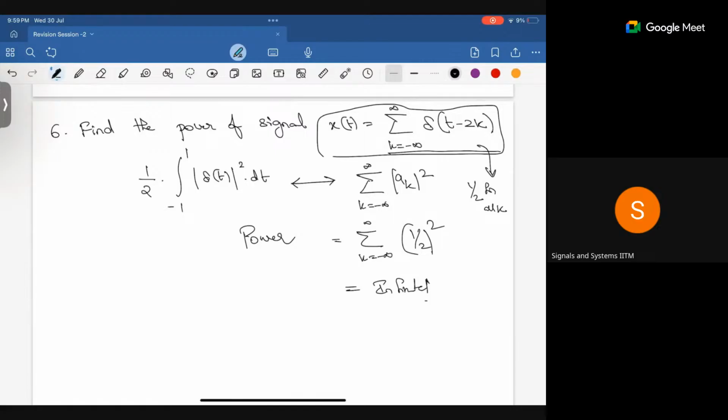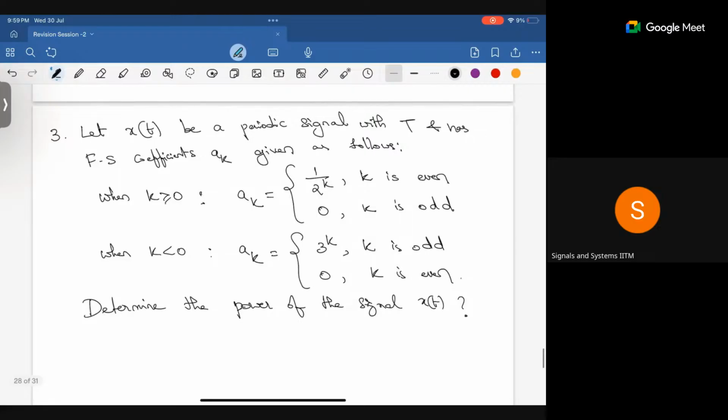Can somebody confirm? Yeah, right. So that's Parseval's theorem.